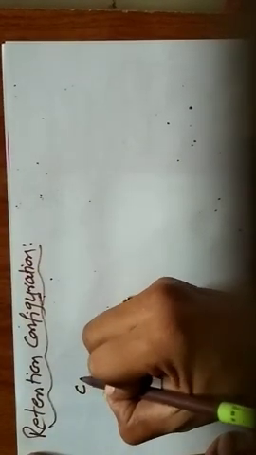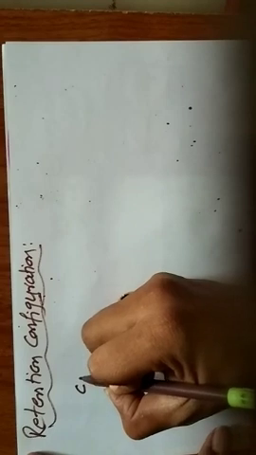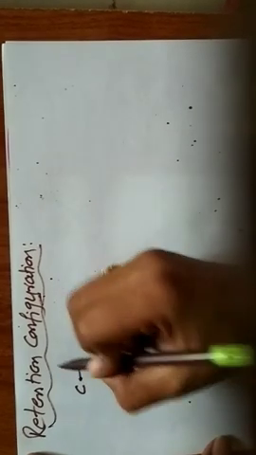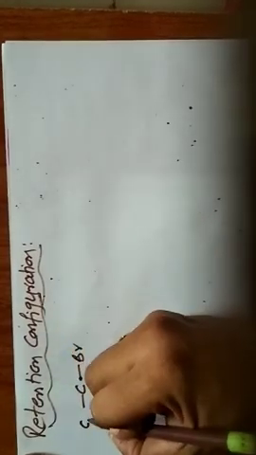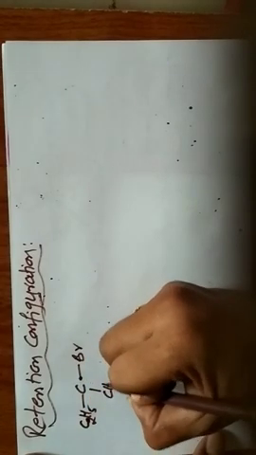For example, suppose CH is taken with Br bonded, on C2H5. This is CH3, and this one is hydrogen. This molecule we used in inversion configuration.